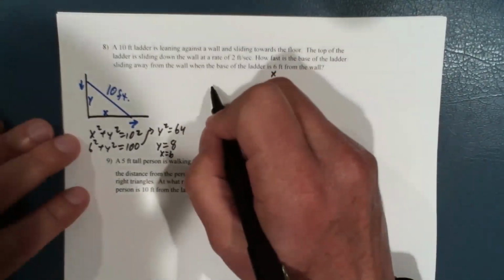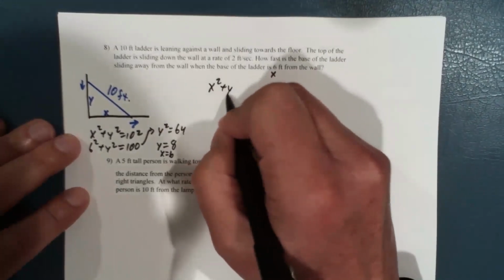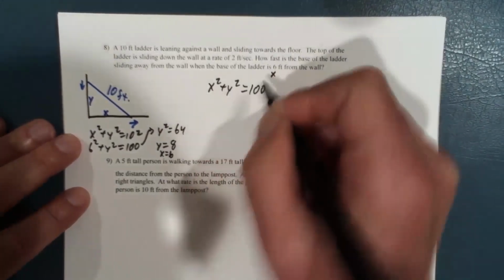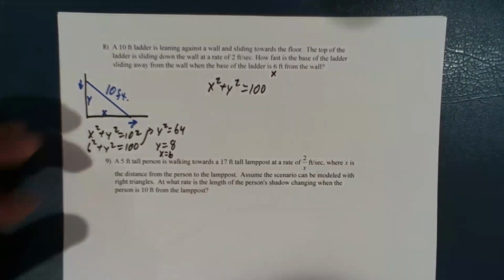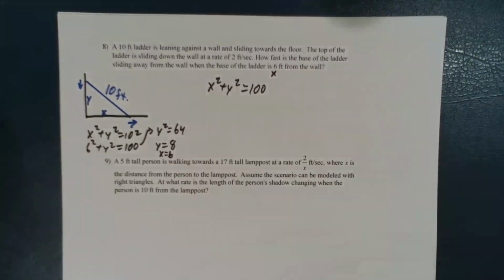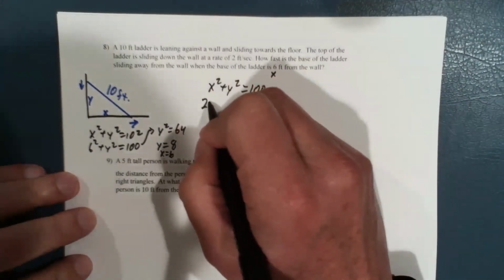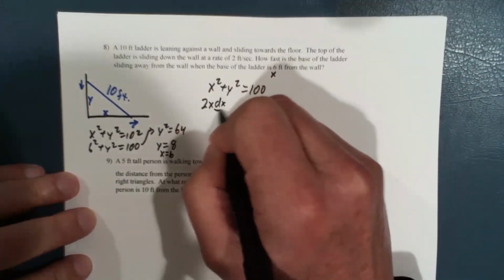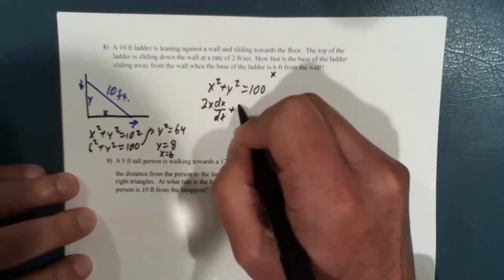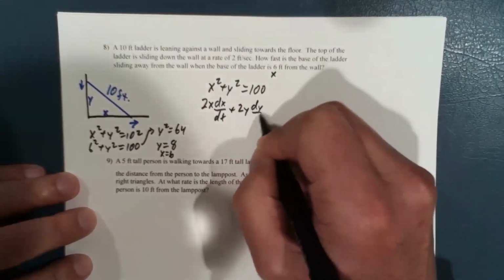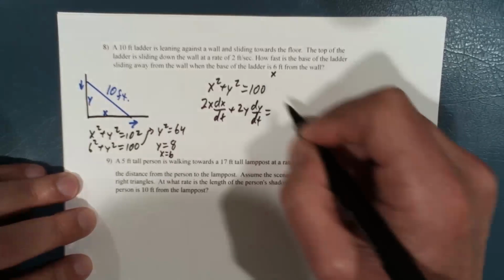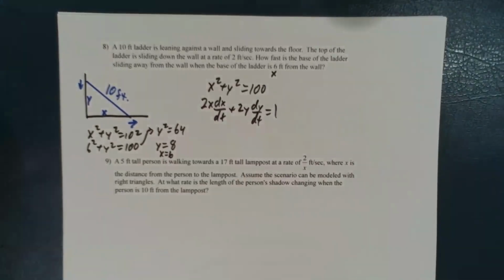Let's go back to here. X squared plus Y squared equals 100. That's the 10 squared. And I'm now going to do the derivative. Remember, X and Y are both functions of time, of t. This becomes 2x dx dt plus 2y dy dt. And the derivative of a constant we know is 0.